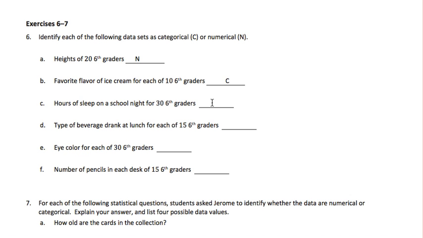Hours of sleep on a school night for 36 sixth graders. That would be numerical. Type of beverage drank at lunch for each of 15 sixth graders. Again, that would be categorical. The eye color would be categorical. The number of pencils in each desk would be numerical.